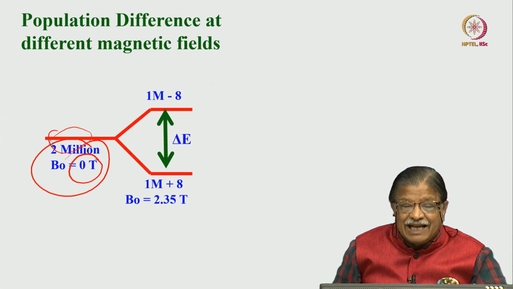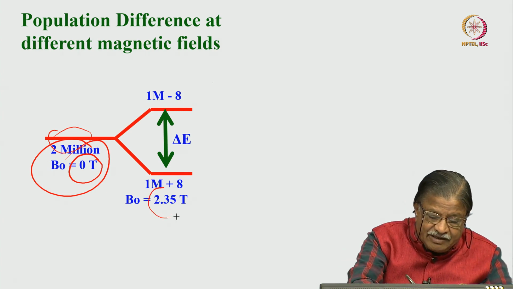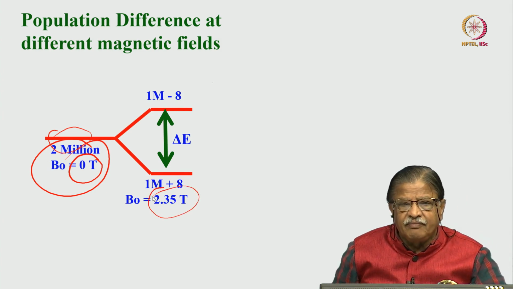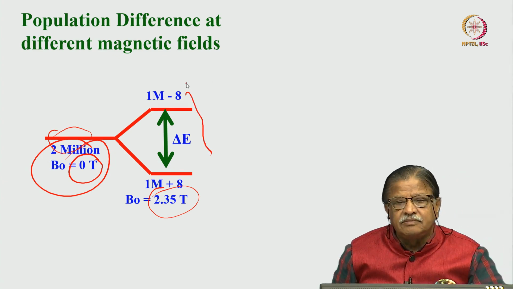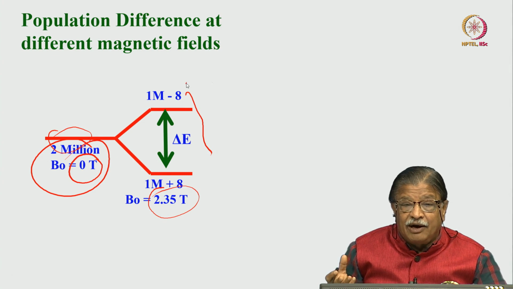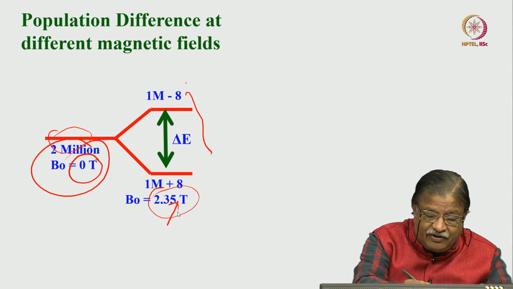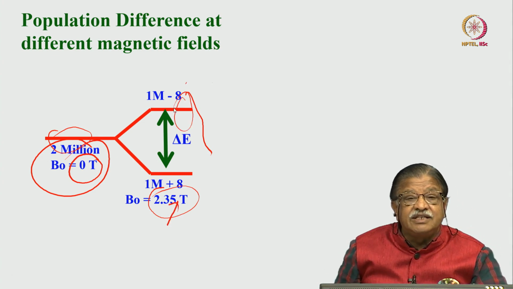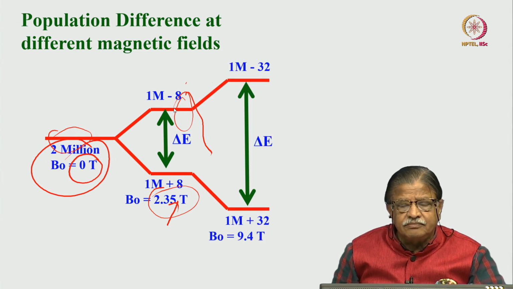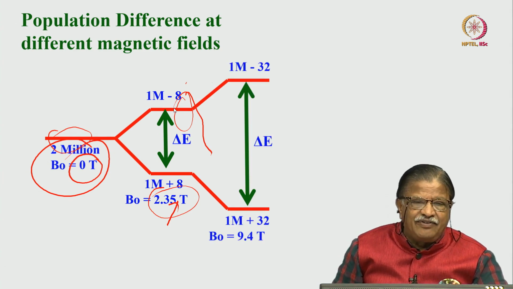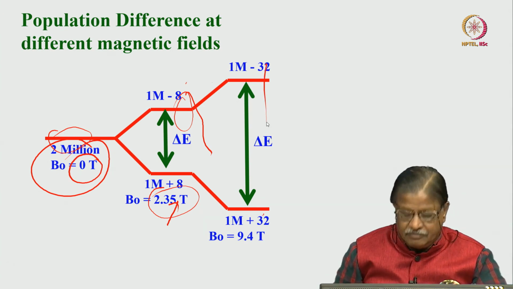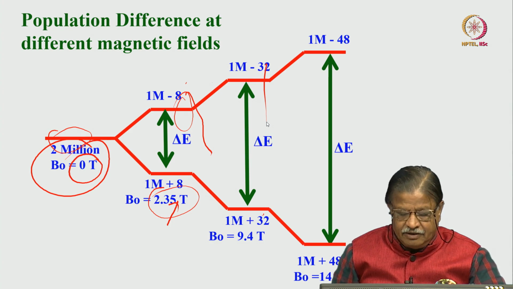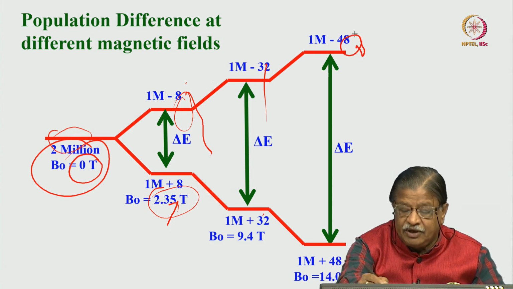Now I increase the magnetic field to 2.35 Tesla, and the population difference turns out to be 16. That is all. Increasing the magnetic field again, 3 or 4 times, it becomes 64. Increasing it to 14 Tesla, the population difference is now 96.